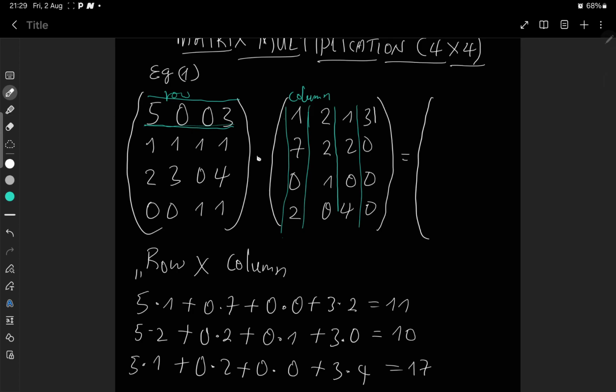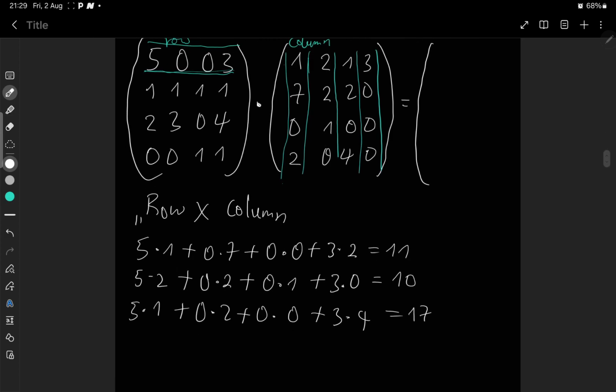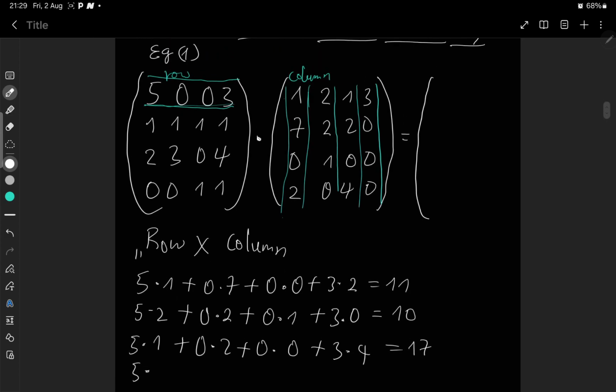Coming to the fourth column now, this is the fourth column we're going to work on. So we have 5 times 3 plus 0 times 2 plus 0 times 0 plus 3 times 0.